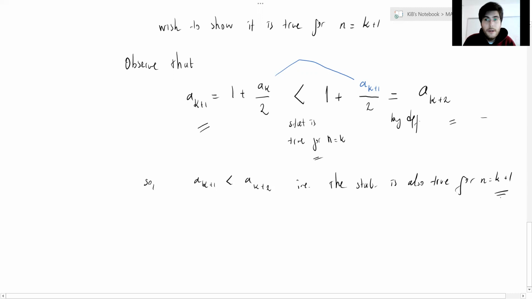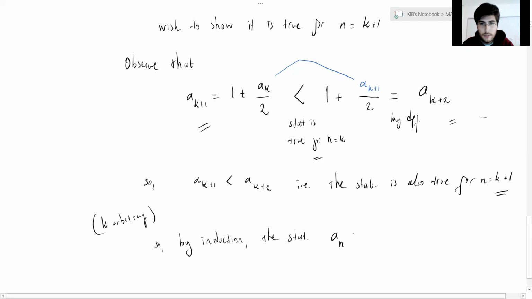So therefore, since k is arbitrary, by induction, the statement is true for all n. K is arbitrary, right? So by induction, this statement, what is it?